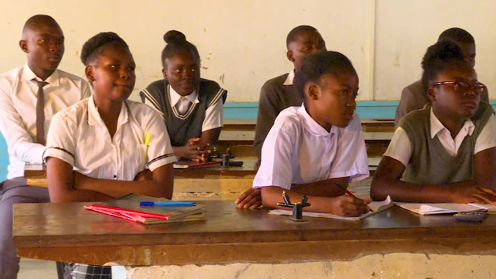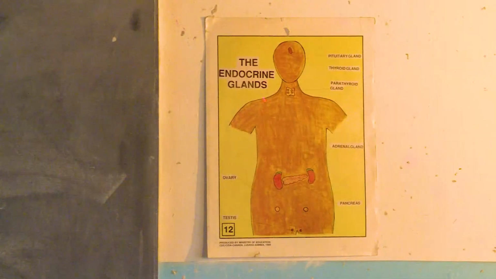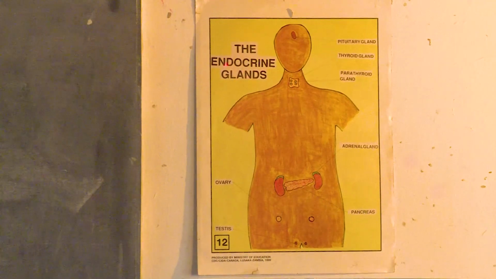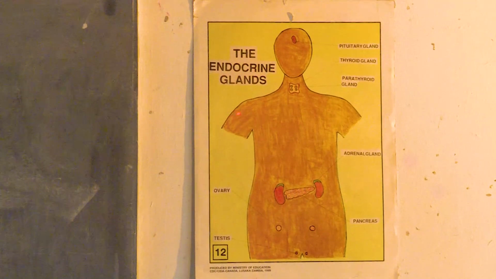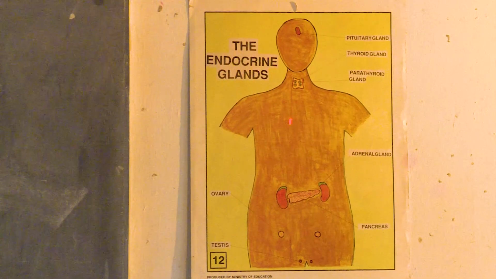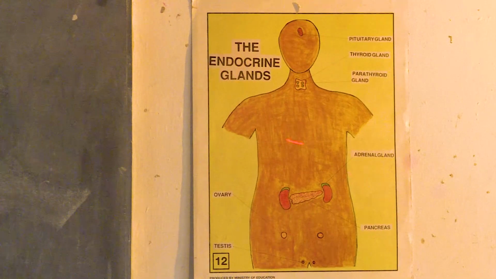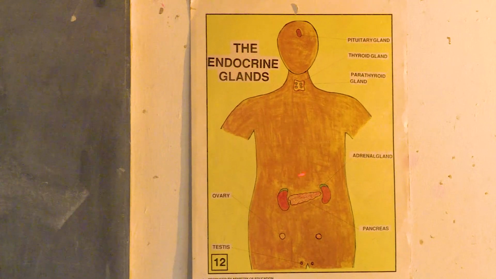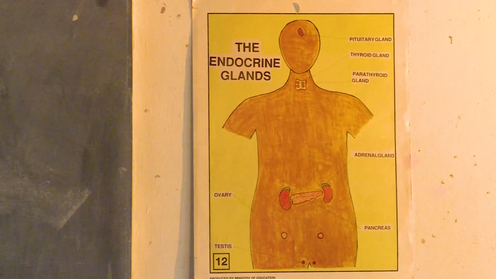Yes. Okay. So that chart you are seeing there is composed of glands. It's composed of parts of the body known as glands. As you can see, there are many, including the ovaries and the pancreas, something that you already know, right?